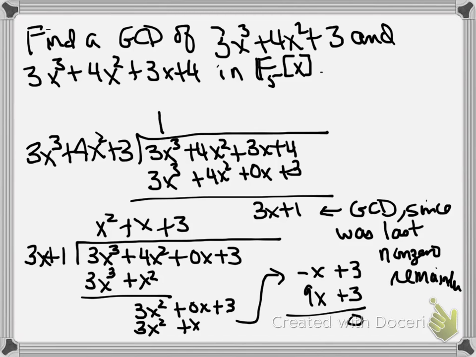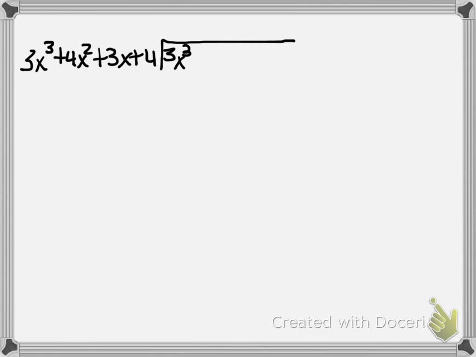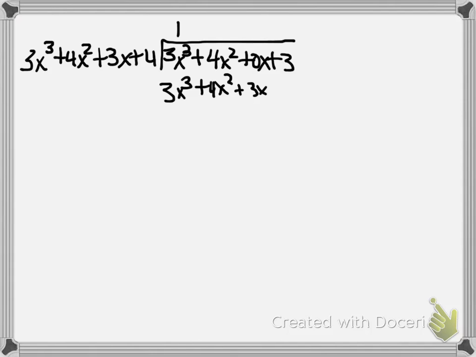So how do things change if we do our division the other direction? Let's take a look at dividing 3x cubed plus 4x squared plus 3x plus 4 into 3x cubed plus 4x squared plus 0x plus 3. So again, quotient of 1 initially, and we go through and we subtract that off, and we get minus 3x minus 1, also known, maybe for better or worse, as 2x plus 4.